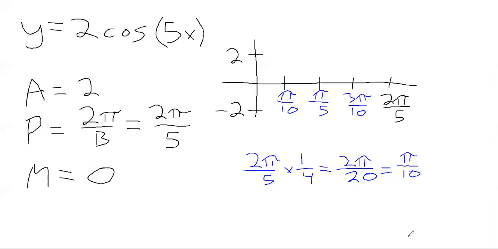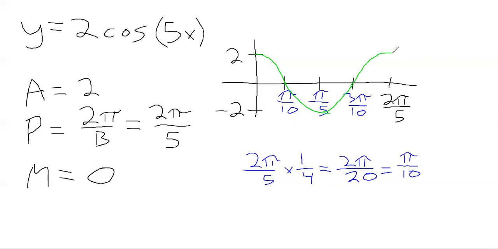By the time we hit pi over 10, we will have dropped enough to hit our x-axis. By the time we hit our second section, we will drop even further and go down to our minimum value. By the time we get to 3 pi over 10, we should be back to our midline. And by the time we complete our period of 2 pi over 5, we should be back up to our maximum value.